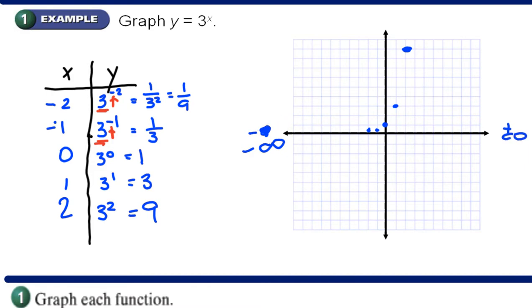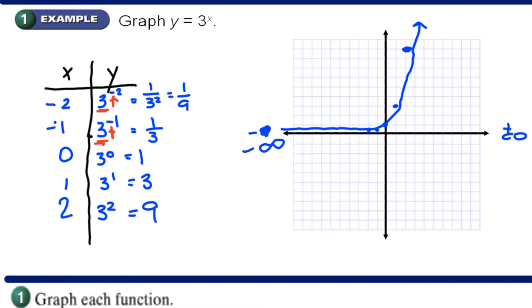So it's going to be coming from negative infinity, getting really, really close to that x-axis, and then as soon as it hits up here, it just takes off. That's a horrible graph, but essentially, that's what all exponential functions look like. They have some sort of curve that gets real close to one of the axes, and then it just takes off.